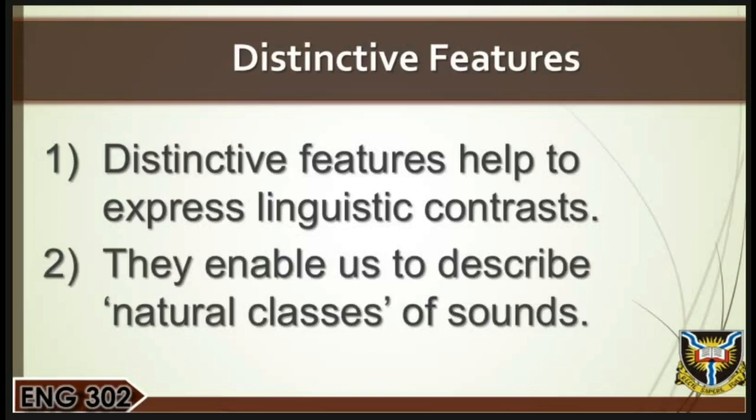The fewer the distinctive features, the more natural a class of sounds is. The sounds /p, b, t/ are all differentiated by place of articulation. They all share the same manner and voice, so they belong to a natural class of voiceless plosives.